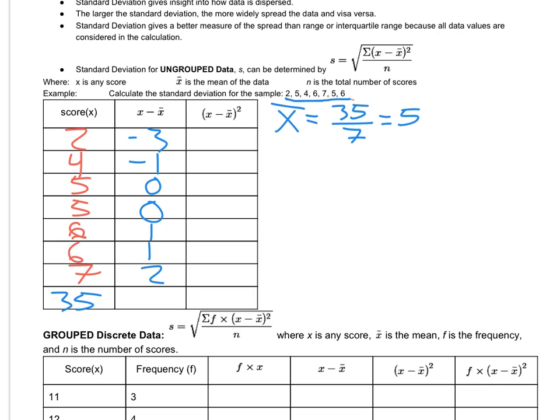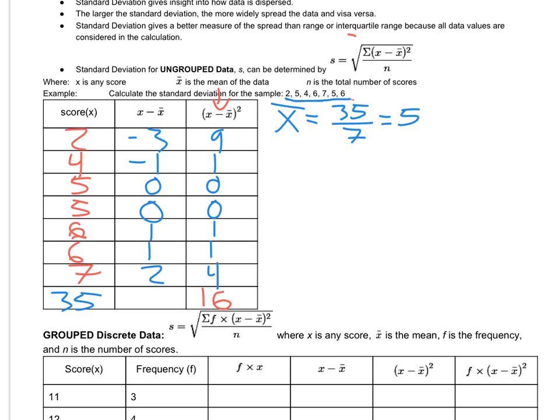If I square all of those numbers, we get 9, 1, 0, 0, 1, 1, and 4. The total of this column, 9 plus 1 plus 1 plus 1 plus 4, gives me 16. So that's my total there.